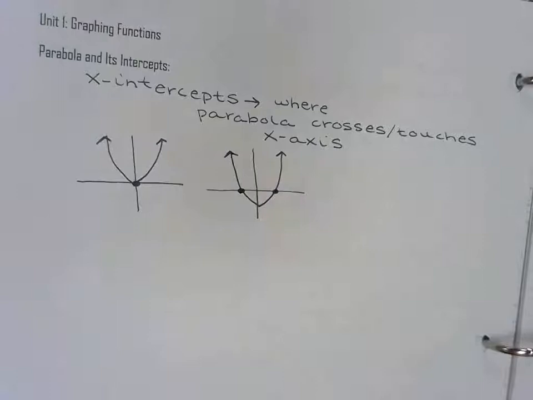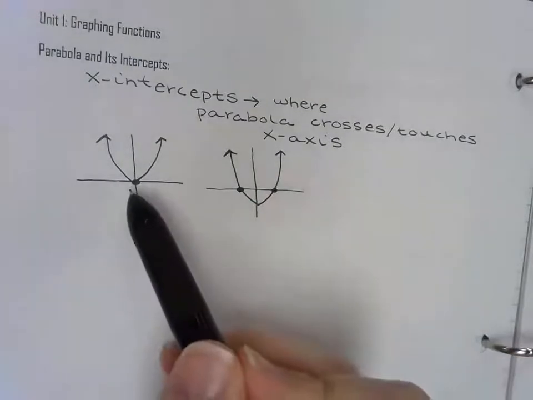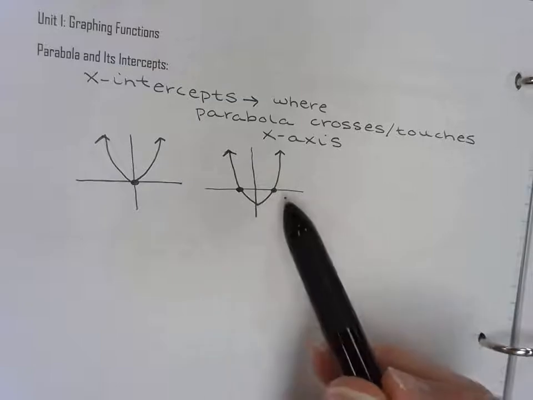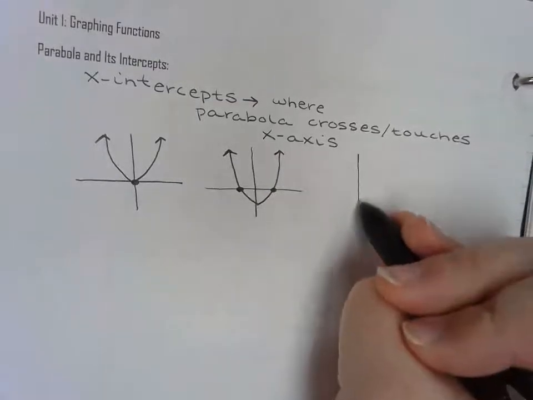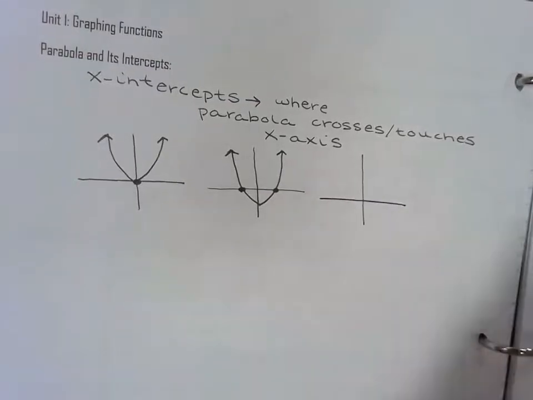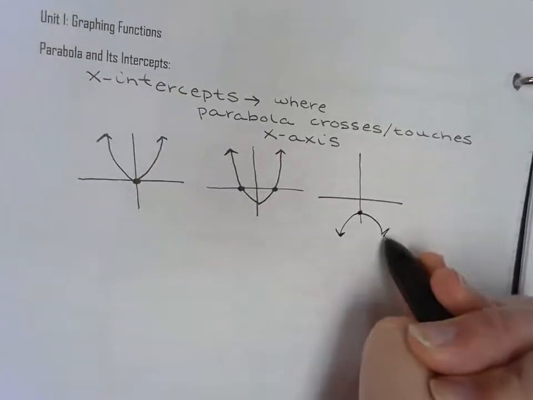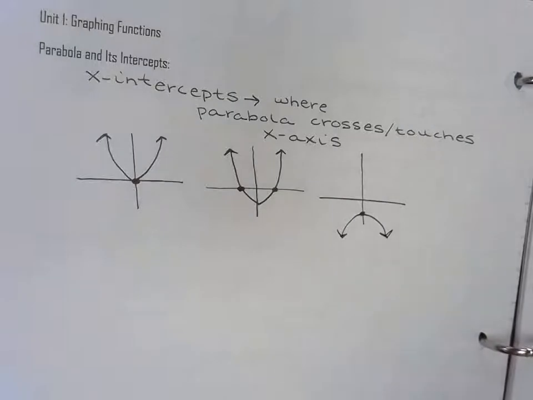So here's 1, if it touches at the vertex. Here's 2, crossing on the left and right. How could I have 0? It's above or below, so it doesn't cross at all.